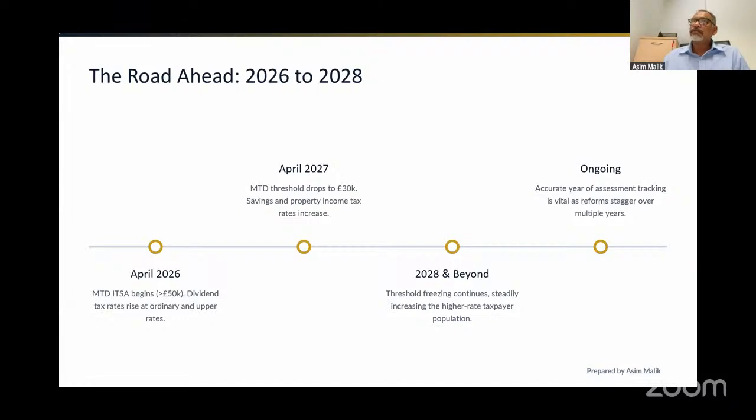That's another form of government not creating a headline of increasing taxation, but if there's inflation in the economy, then more and more people will be subject to income tax, or more people go into higher rate taxation because of those frozen limits.